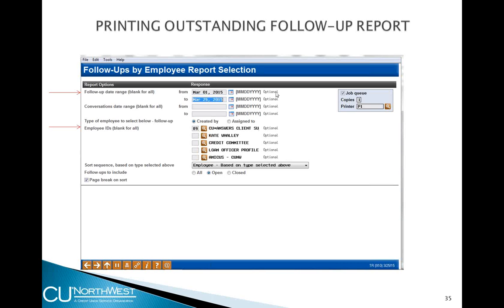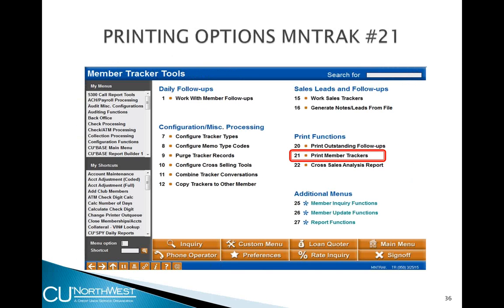Notice that many of these particular fields are optional. So it allows you to customize exactly what's on your report. Some of this information you may not need. So you would just not choose to enter anything into those fields.